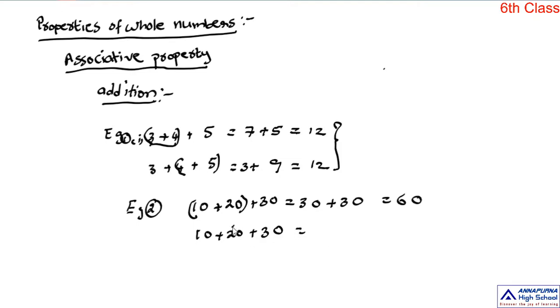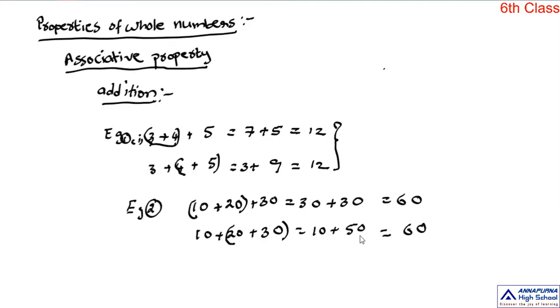Next one, we add first 20 plus 30. 20 plus 30, how much? 50. And then we add 10 to the sum. 10 plus 50, that is equal to 60.